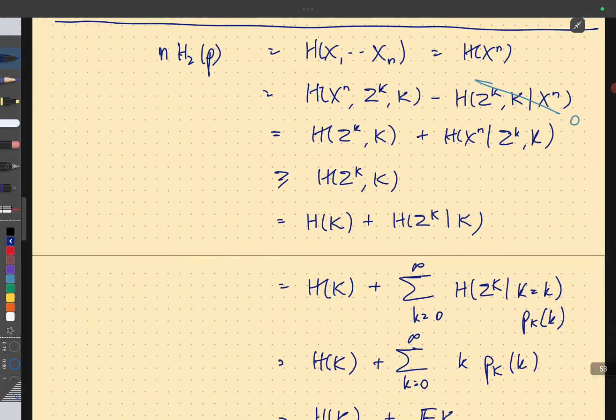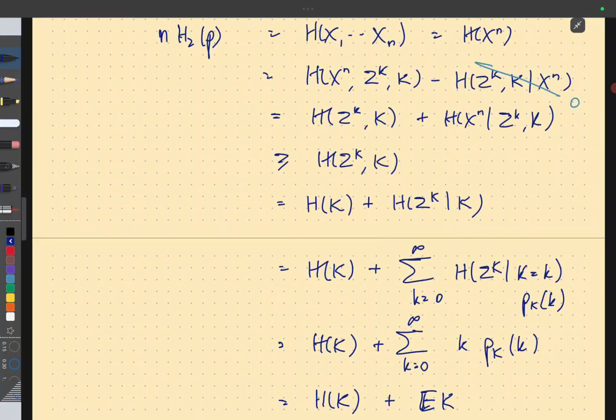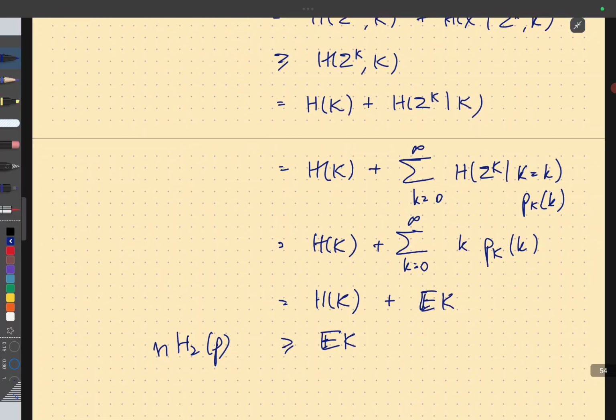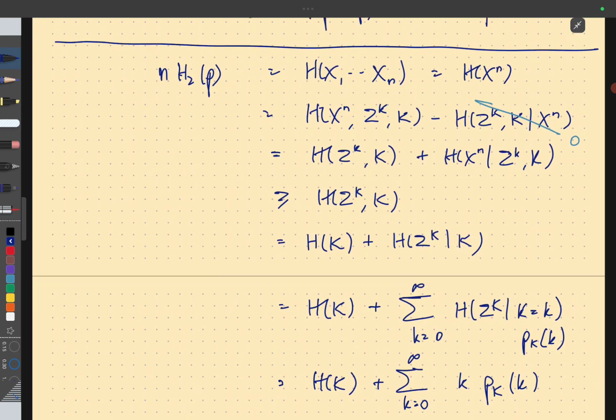But one thing you have to keep in mind is that k is not a fixed number. K itself is random, it could vary. So what we wanted to do was connect expectation of k with the entropy of Xn.